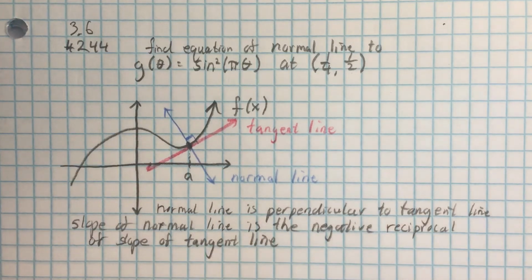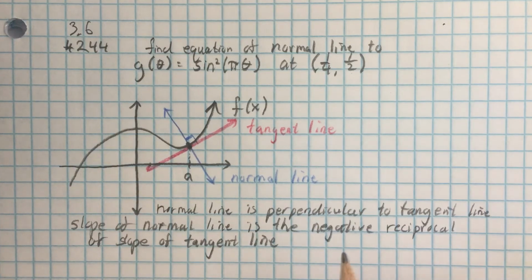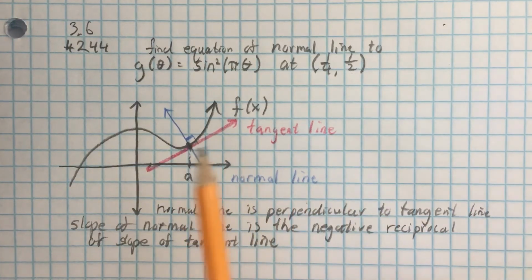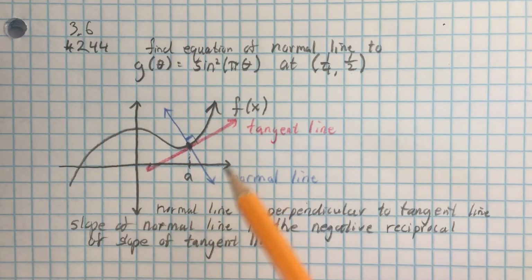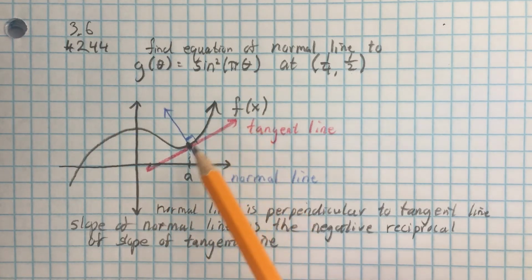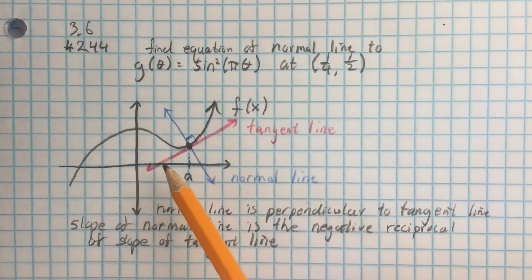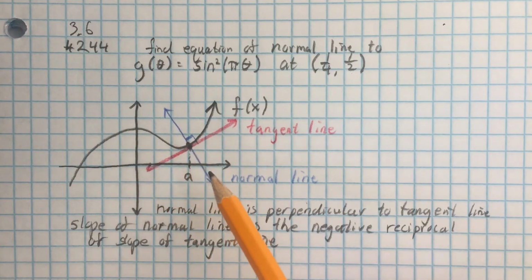All right, so that's the main feature we need to know if we're going to construct a normal line, the use of derivative. Once we take the derivative, we'll have the slope of the tangent line. If we just find its negative reciprocal, we'll have the slope of the normal line.